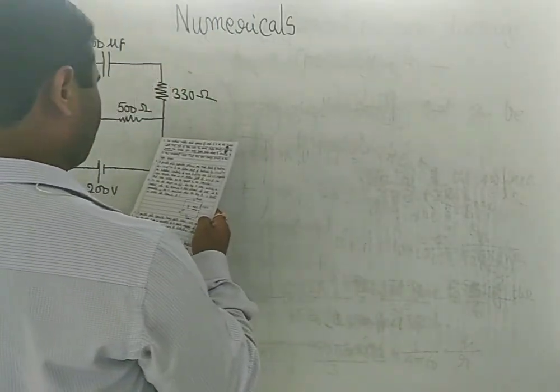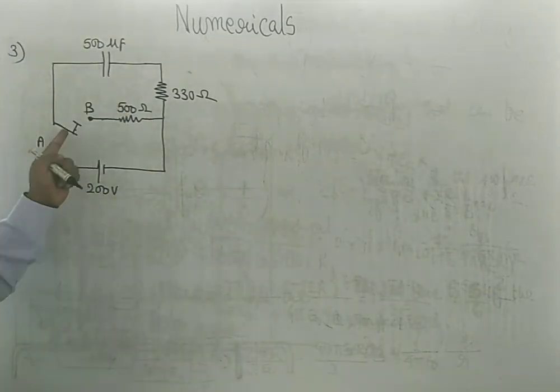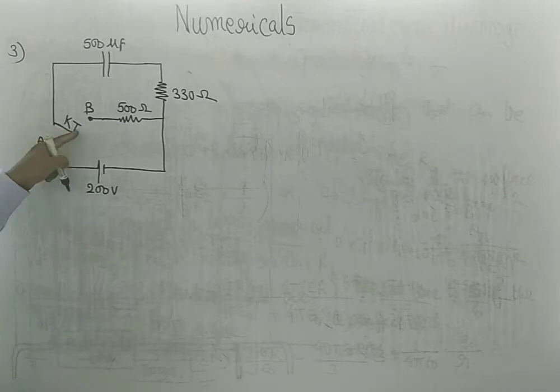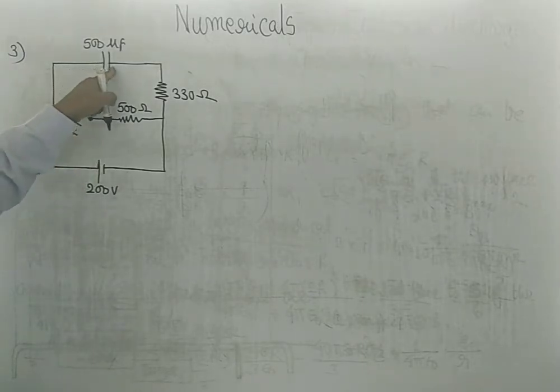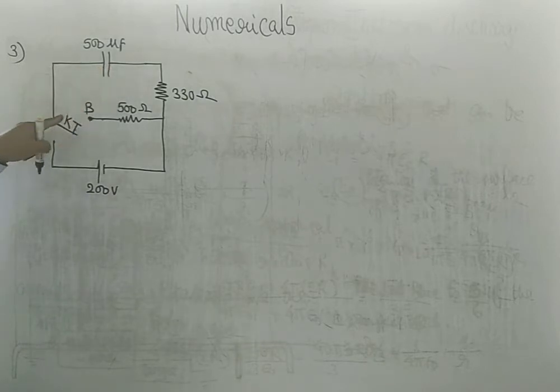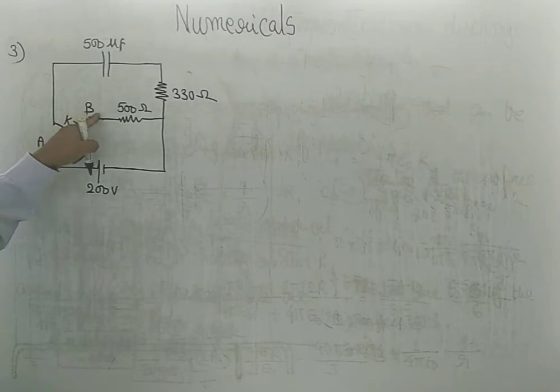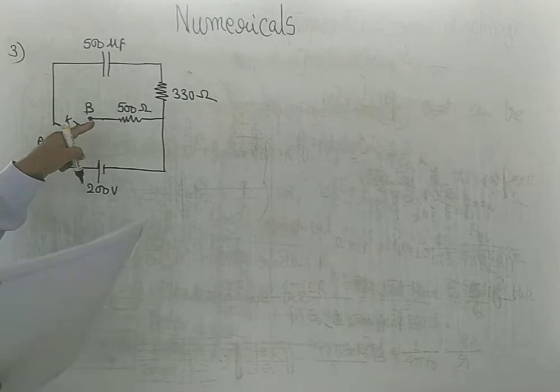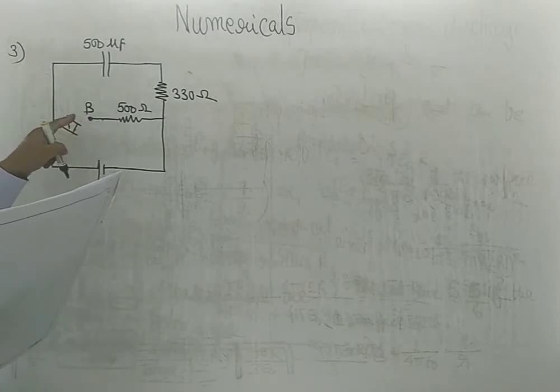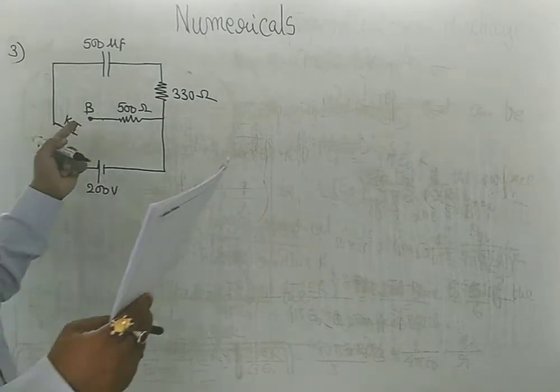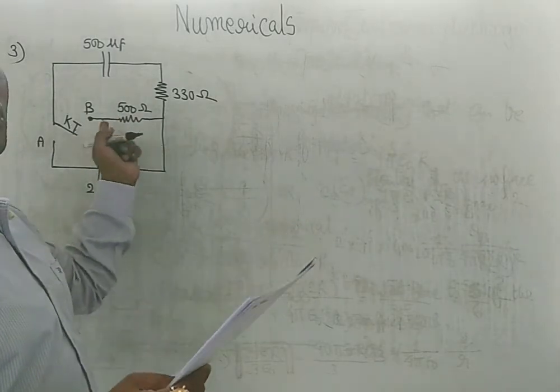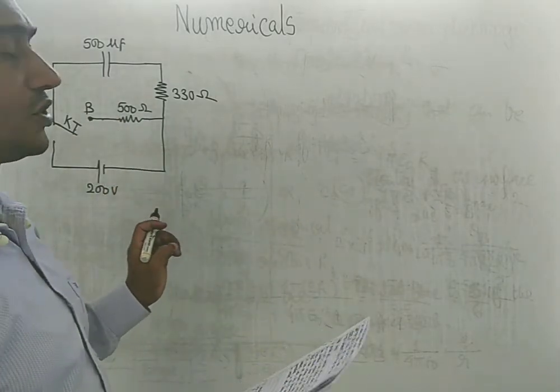So the question states, when this key K is connected with terminal A, this capacitor is charged. Now later on, removing this key K from here and connecting it with terminal B, what amount of energy will be dissipated, or what amount of heat will be generated across this 500 ohm resistance? That is the question.